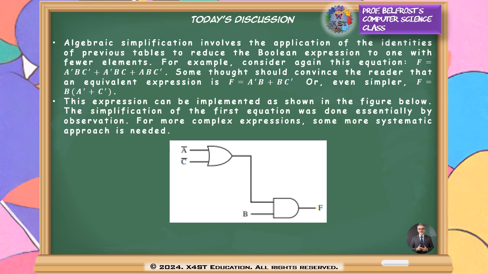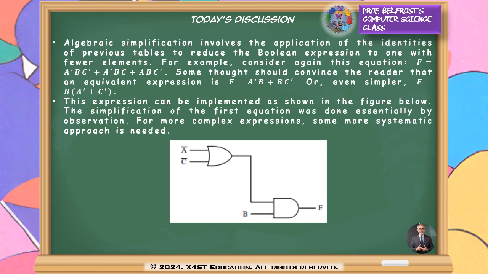You can take the second term and duplicate it, and then after some manipulation you get the second form. This second form can also be written even more simply, which is b in brackets a' plus c.